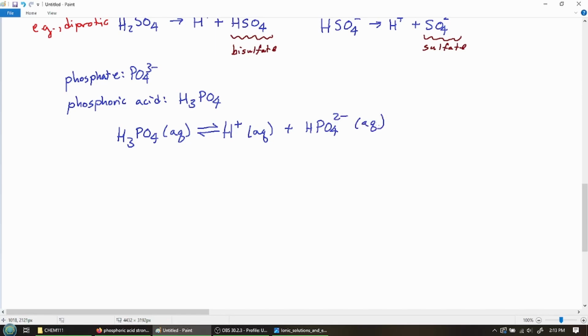So I'm just going to go ahead and fill in our table here. If you look back at table 3.4, you will see that this one is hydrogen phosphate. So this guy here, hydrogen phosphate.